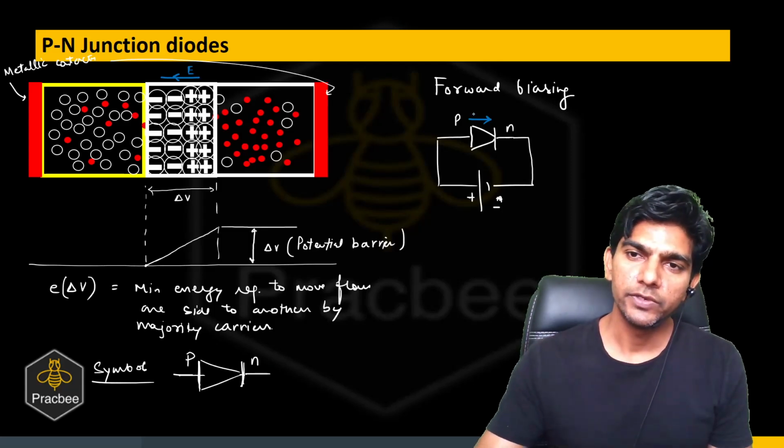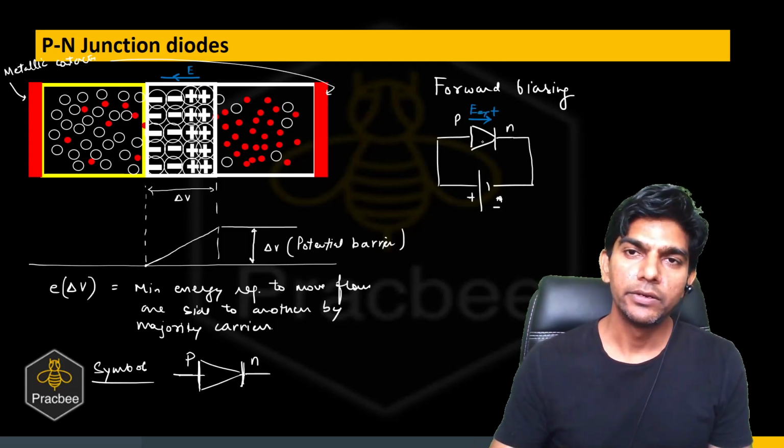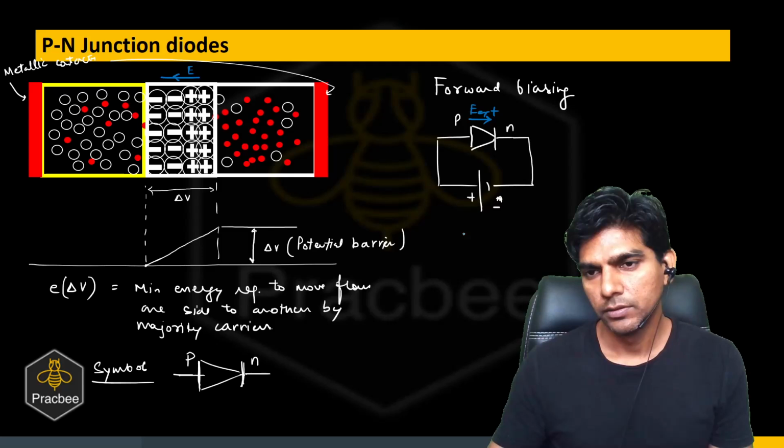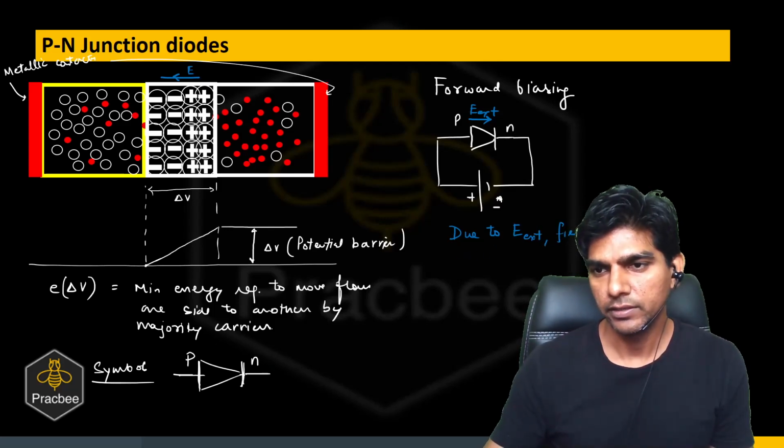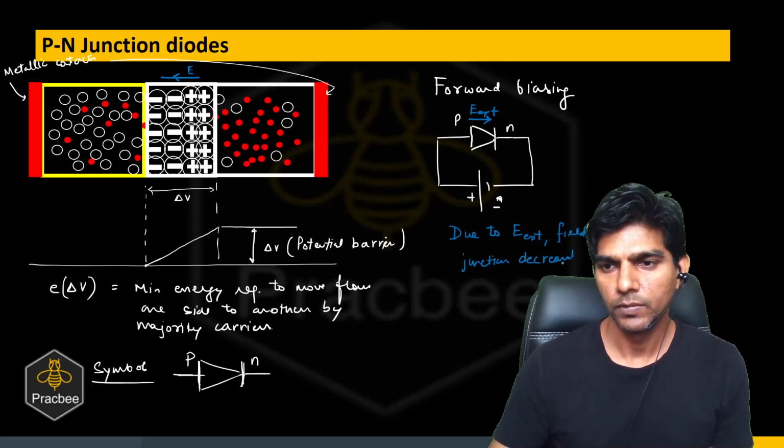Now what happens due to this field? This external field will reduce barrier potential. So we can say due to E external, the field at the junction decreases, right?